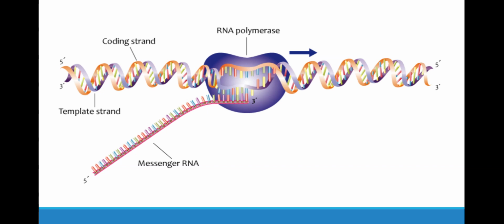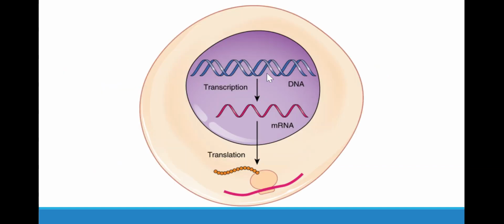So the point of transcription is to take the DNA and use it to make mRNA, which is what we're seeing going on here. Once transcription is done and the mRNA is made, the mRNA will exit the nucleus and then be translated into a protein.